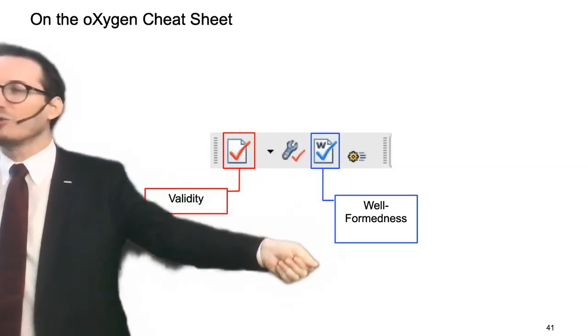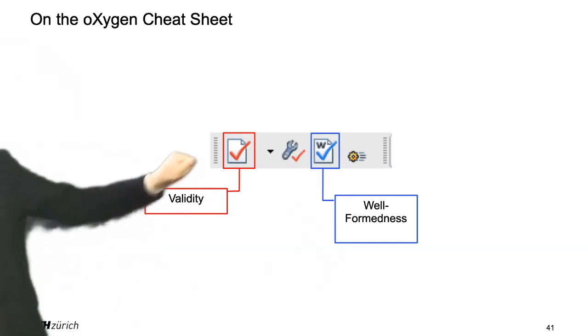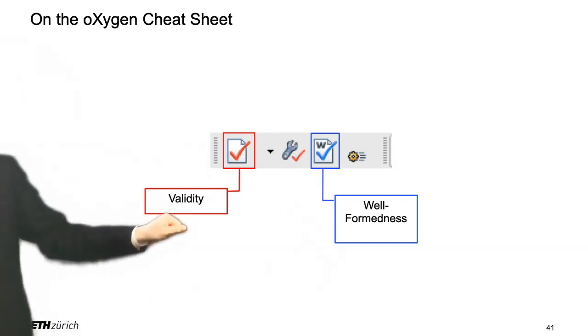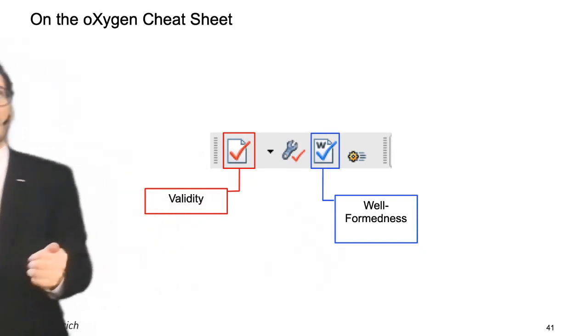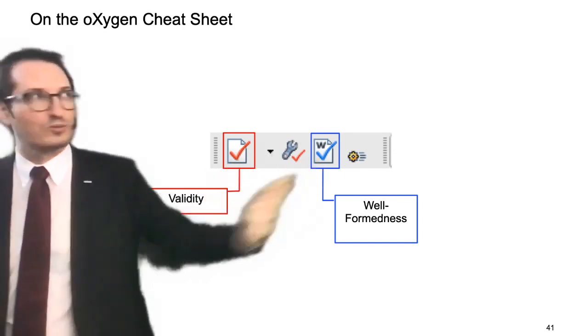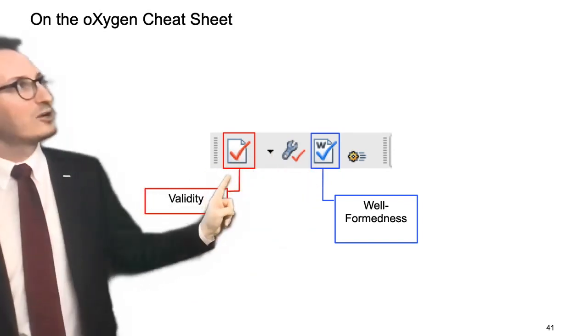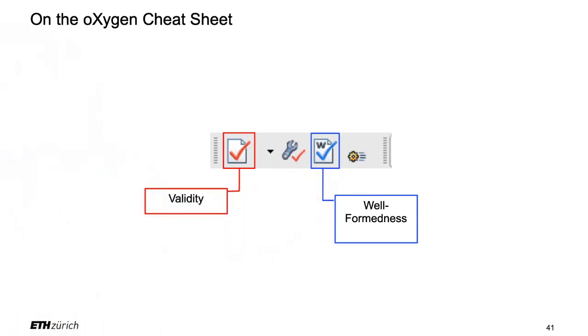If you click, it will tell you if it's well-formed or not. If it's not, it will point you to the errors. And the red one is for the validity. Then you say, this is my schema, please check for validity. And again, it will help you, right? So it's the 2 colors, just like in the Matrix movie, right? Either the red one or the blue one, but you can only click on the red one if you already know that the blue one succeeds.